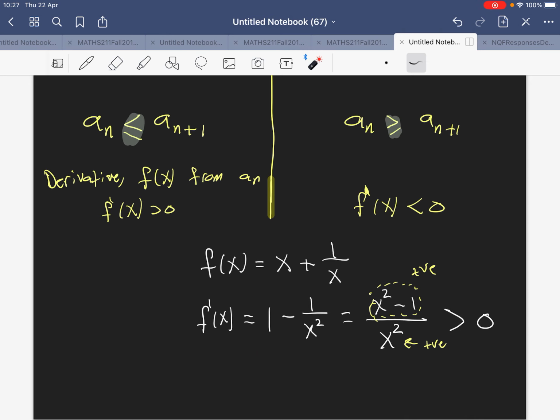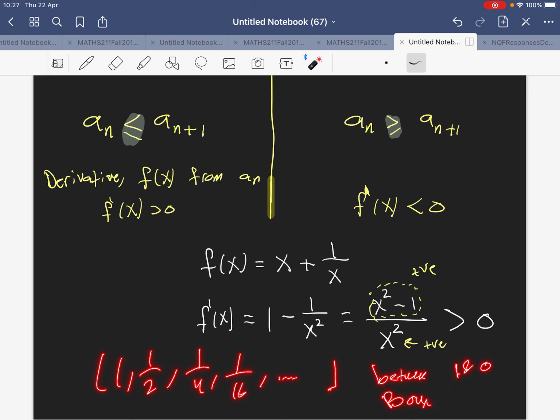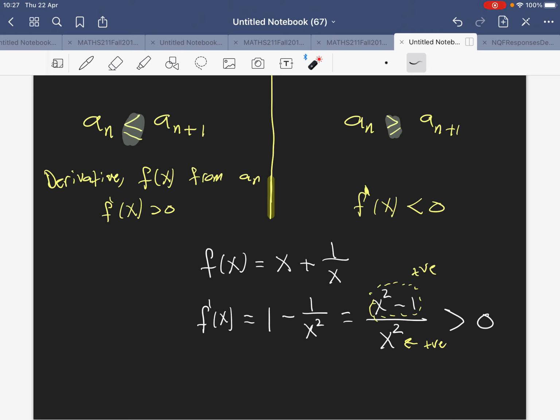So they are always between 1 and 0. Any number of these is between 1 and 0. In this case we call it bounded because we have a bound. It cannot go more than 1, it cannot go less than 0.